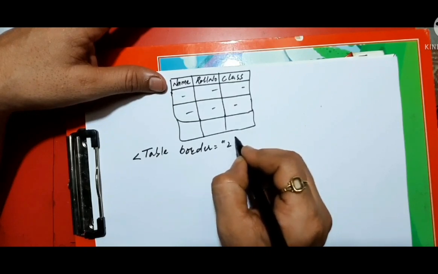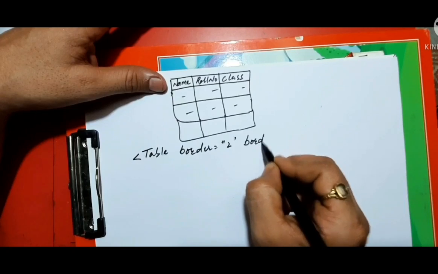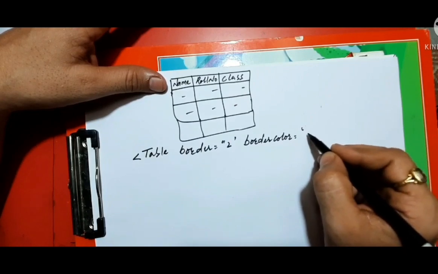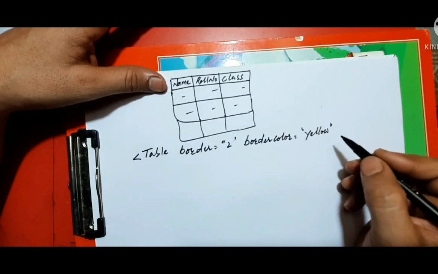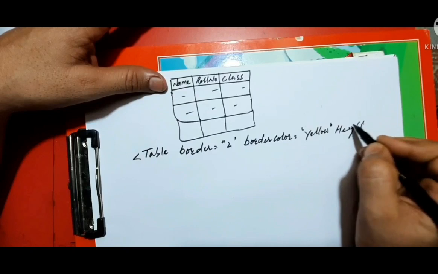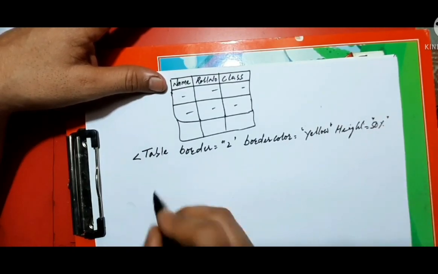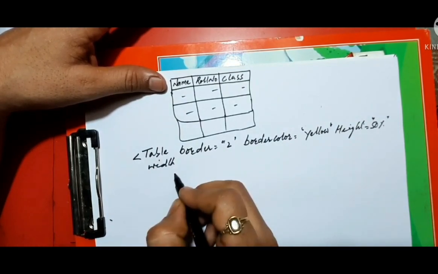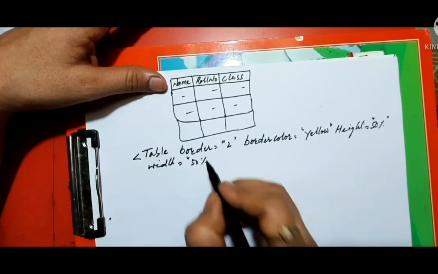Border is 2, okay, and border color yellow, then height equals 50% of the browser, and width is 50%, let's say.